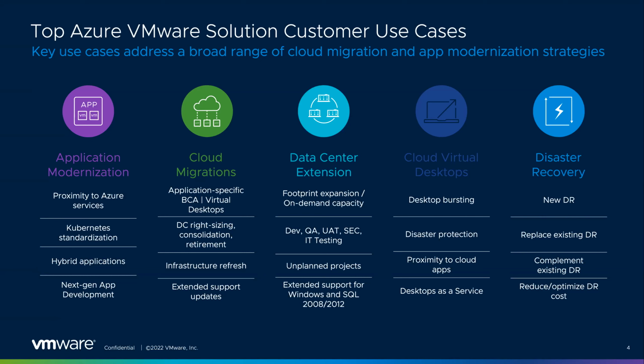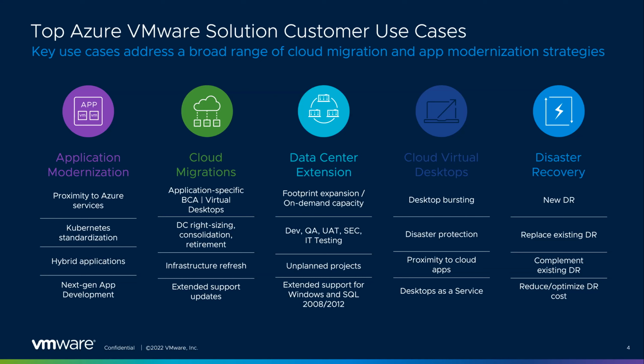We have many customers running Horizon and Citrix inside of the Azure VMware Solution and allowing their customers to burst for additional workloads, move those workloads to the cloud, provide disaster recovery for your end user computing suite, and then have proximity to your cloud applications, including Office 365 and Microsoft 365. And then we can complement or replace existing disaster recovery mechanisms as well.